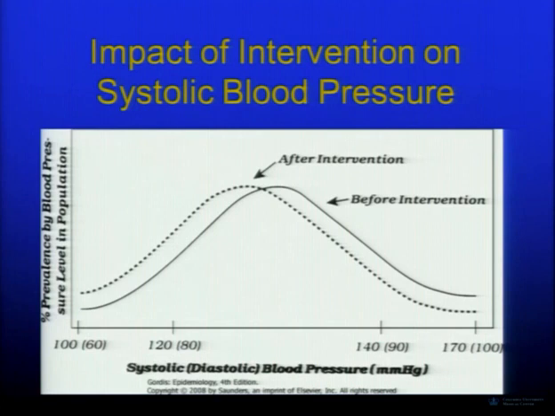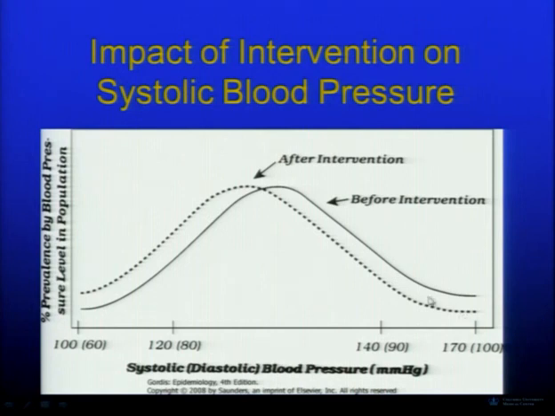Okay, and so what our goal is, if you have a population strategy, what you're trying to do is just shift this whole curve. So if this is the normal distribution of systolic blood pressures in the community, after your intervention, you're just hoping to shift this whole curve to the left. So what happens is that you have fewer people in the tails out here with high blood pressure.